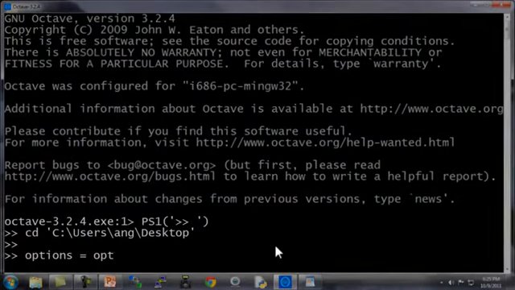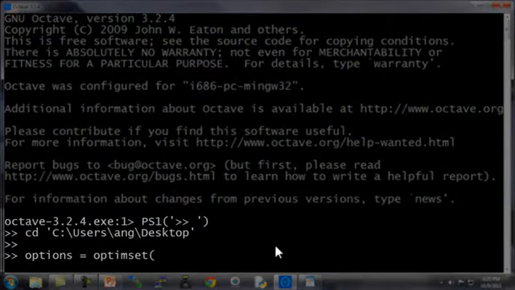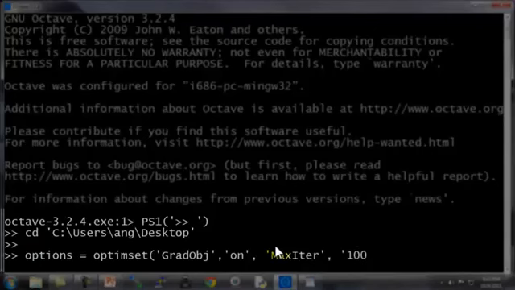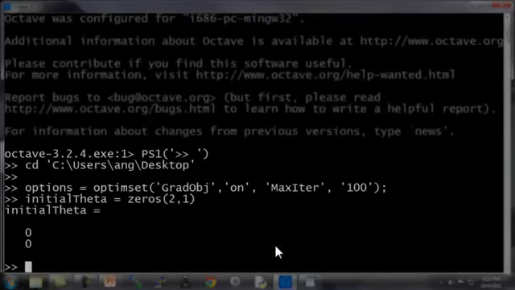So options equals optimset. This is the notation for setting my parameters or my options for my optimization algorithm. GradObj on, MaxIter 100, so that says 100 iterations, and I am going to provide the gradient to my algorithm. Let's say initial theta equals zeros(2,1), so that's my initial guess for theta.